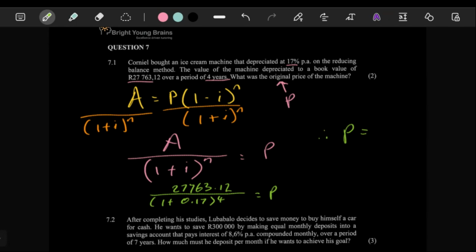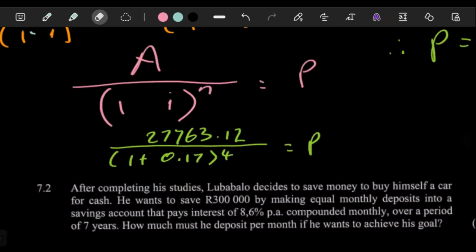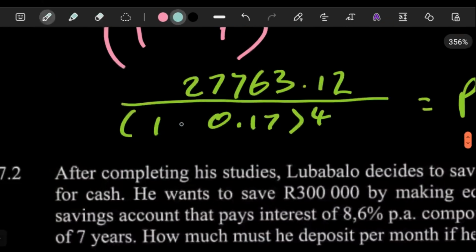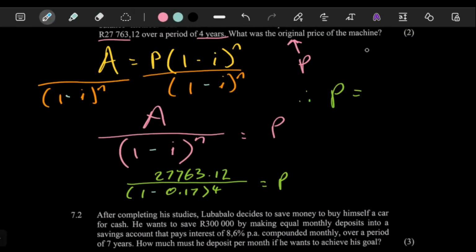Let me see here. Oh, wait. I put a plus. Busy making a mistake here. That's why I'm like, no, this answer looks so weird. Yeah, oopsie, the typo there. So now this is giving us 58,500.